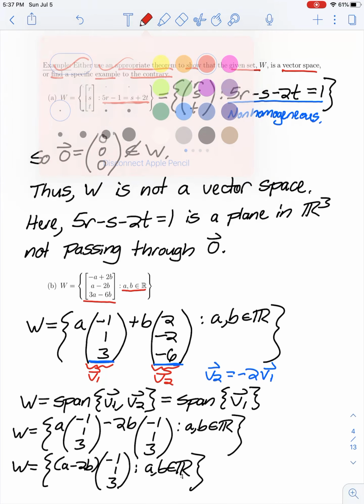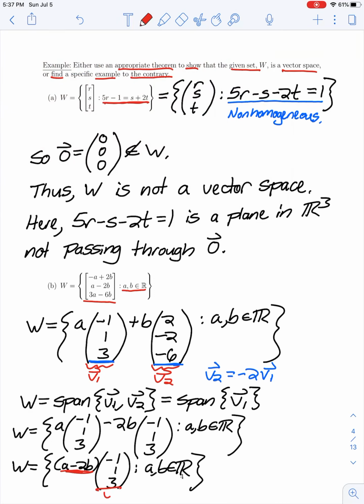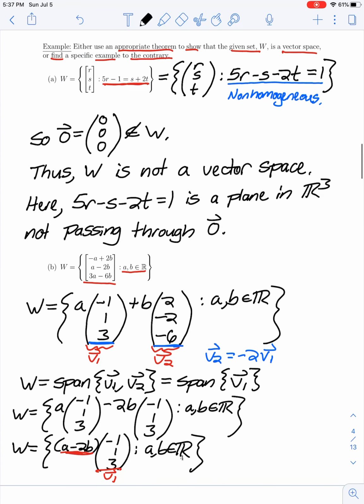So now we have just some constant multiple of a single vector V1, which shows that W is the span of V1. And by Theorem 4.1, we know that the spanning set, or the set generated by a set of vectors in R3, must be a subspace. So W is a subspace of R3.